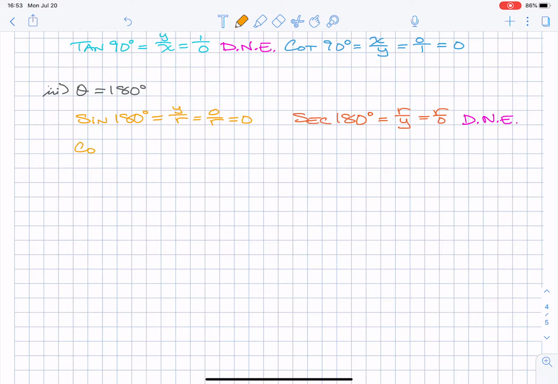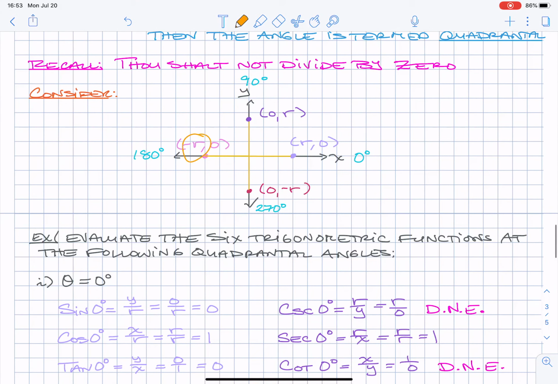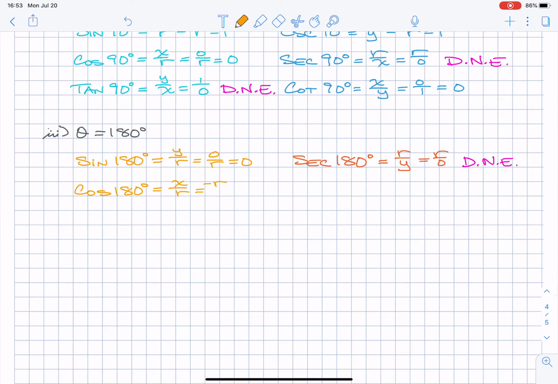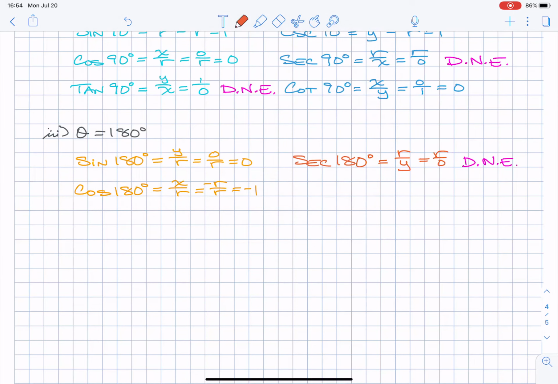Now cosine of 180 degrees is going to be x over r. Okay, so the x-coordinate at 180 was negative r. So this will be negative r over r, which is negative 1. Oops, and the reciprocal to cosine. Oh, I'm wrong. Why do I keep on writing the wrong things?